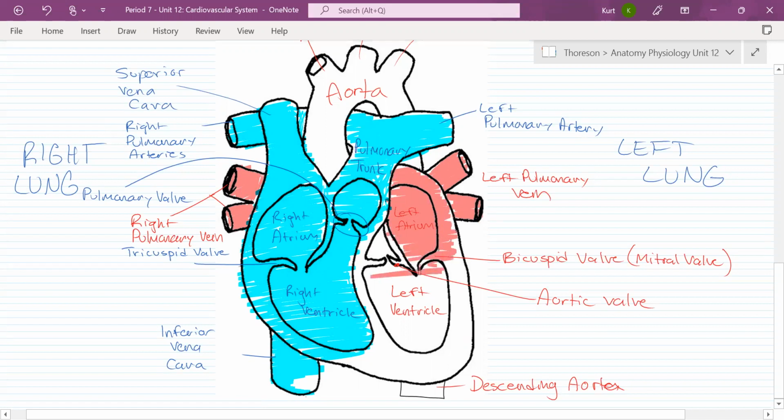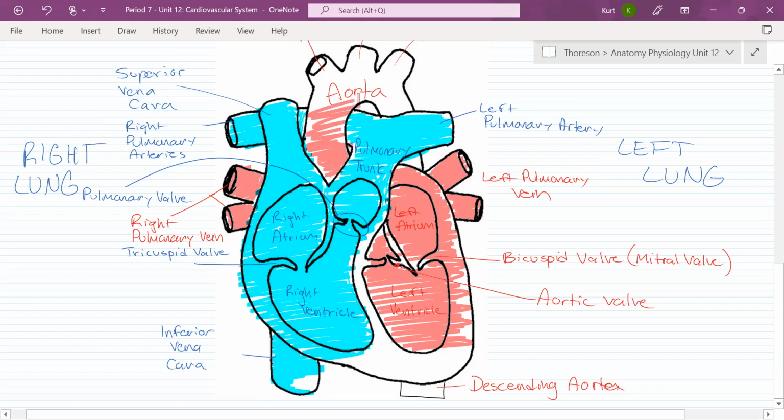The left atrium leads into the left ventricle. Kind of sloppy with my highlighting because I'm trying to get a move on. Then the left ventricle, you have the bicuspid that separates those 2 chambers. Then you have the aortic valve at the end after the left ventricle.